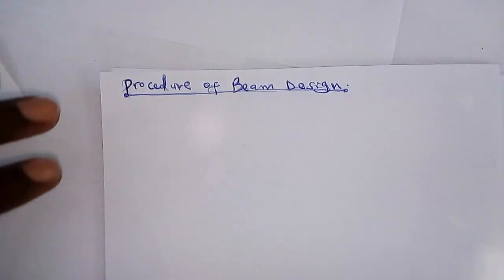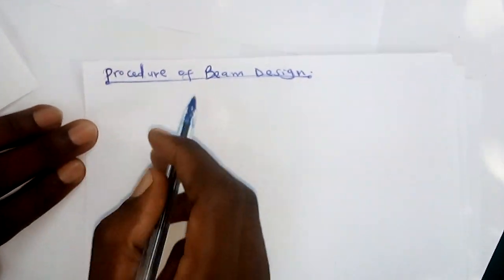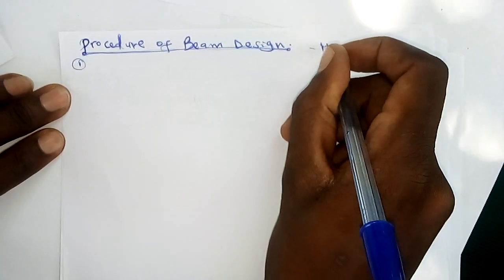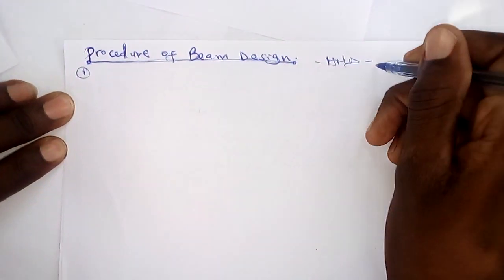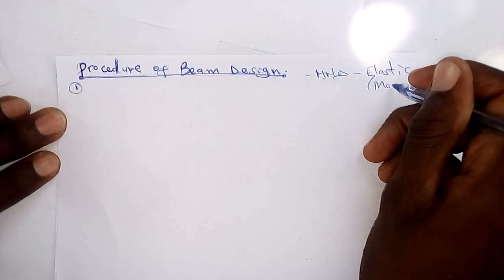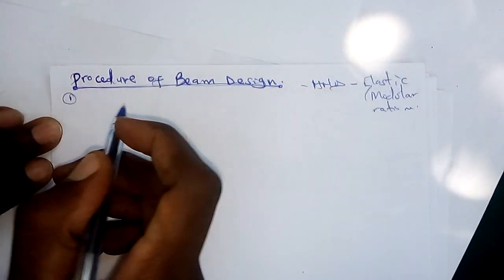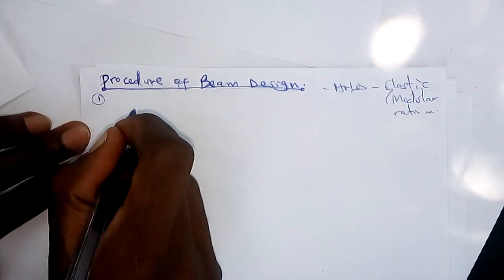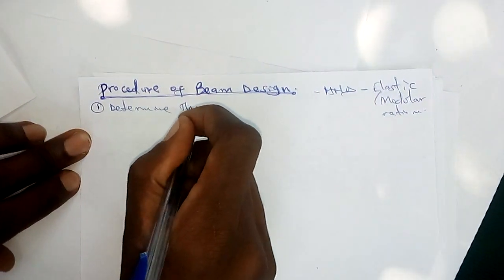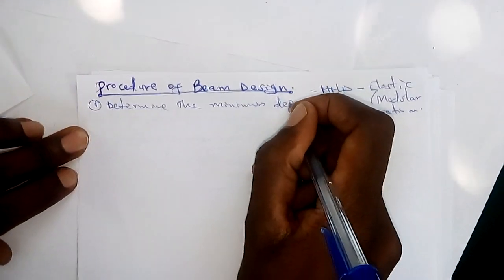We have the procedure of beam design. 1, this is HND, and it is the elastic, also known as modular ratio method. 1, determine the minimum depth.